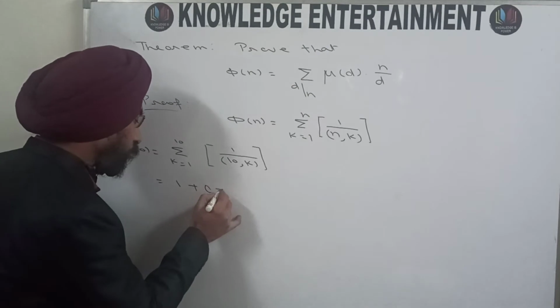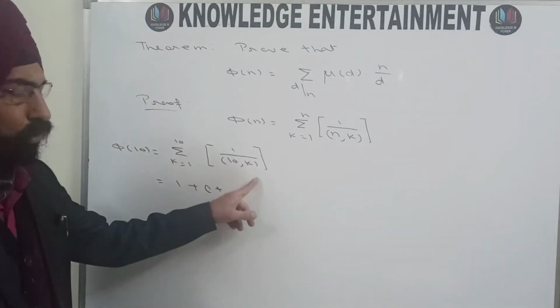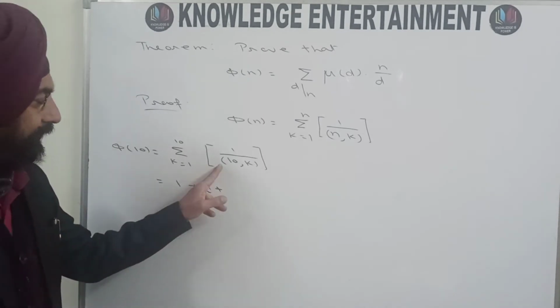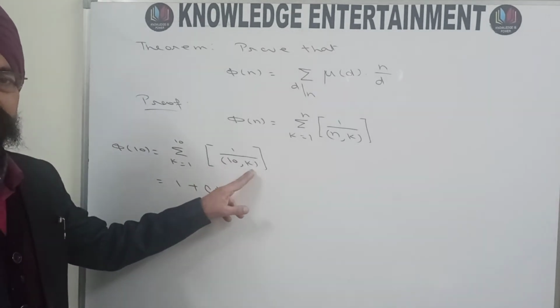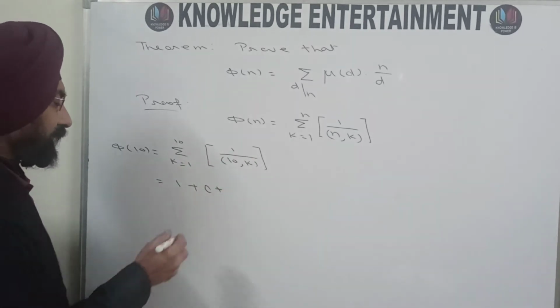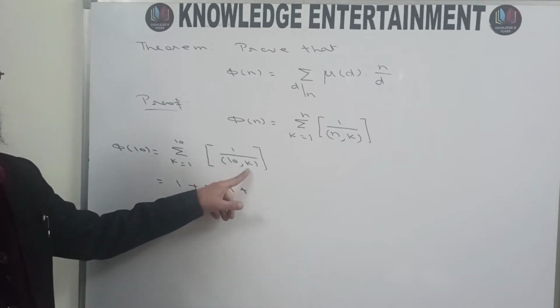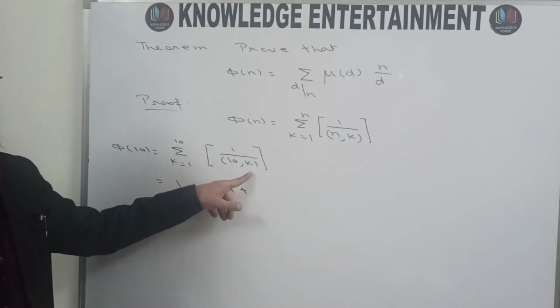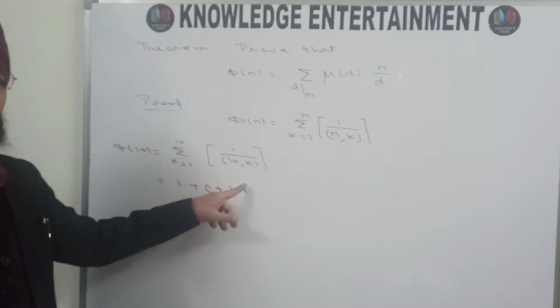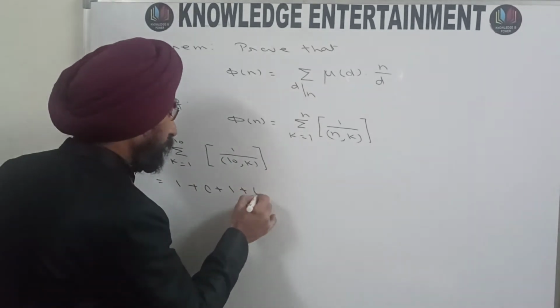So it is coming out to be 0 if you put k is equal to 2. If you put k is equal to 3, 10 and 3, GCD is 1. 1 upon 1 is 1 and the greatest integer function of 1 is once again 1. If you put k is equal to 4, 10 and 4 GCD is 2. Once again 1 upon 2 is 0.5 and the greatest integer function of 0.5 is 0.